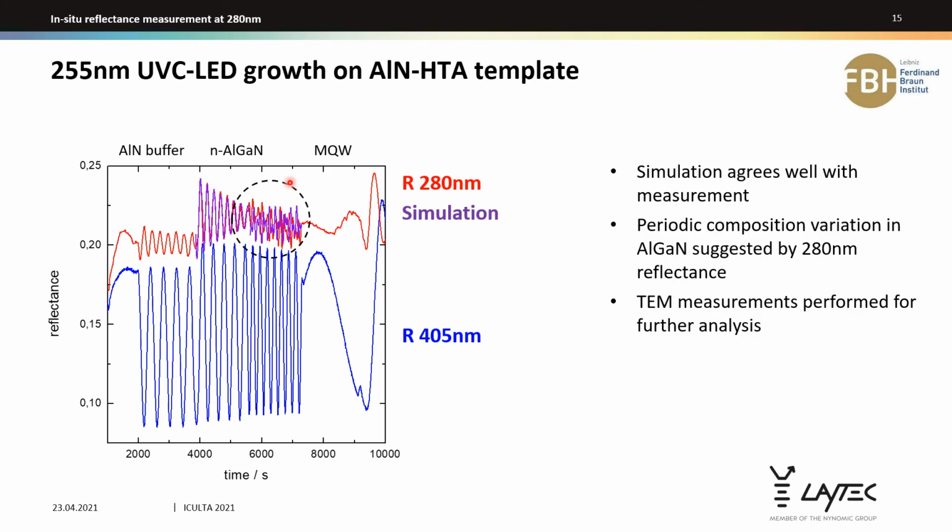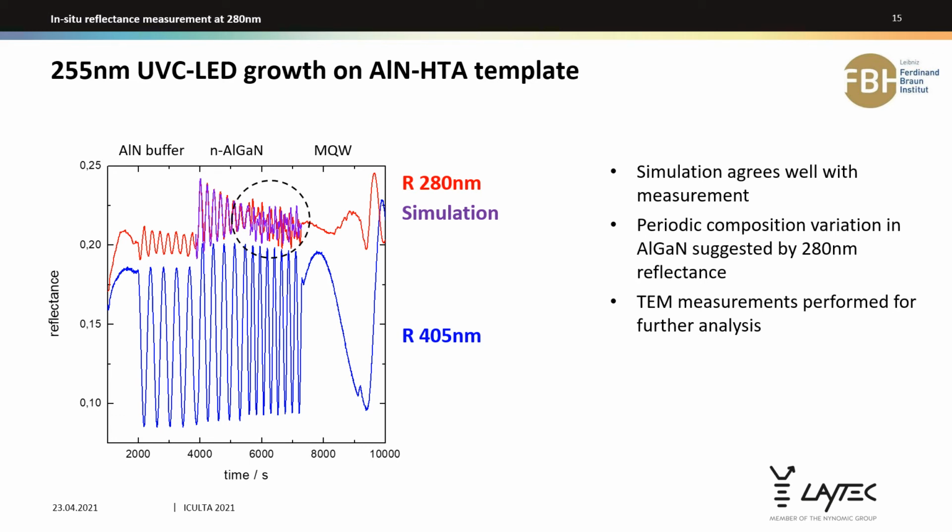And when we compare the simulation, shown here in violet, with the measurement in red, we see that it nicely agrees with the measurement, so we can assume that there is indeed a periodic composition variation in the aluminum gallium nitride.